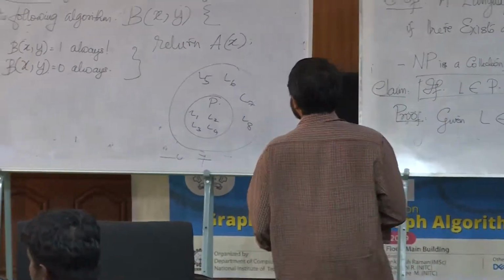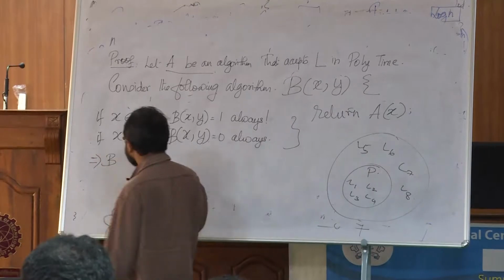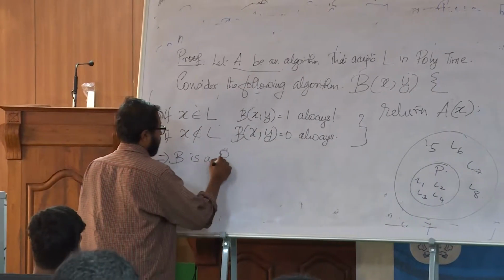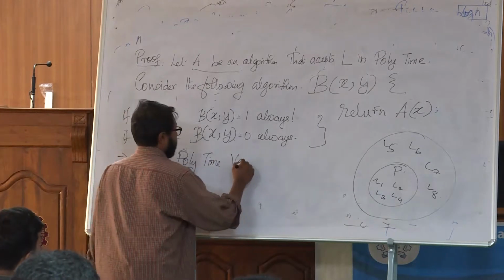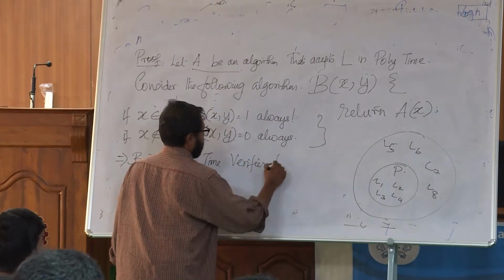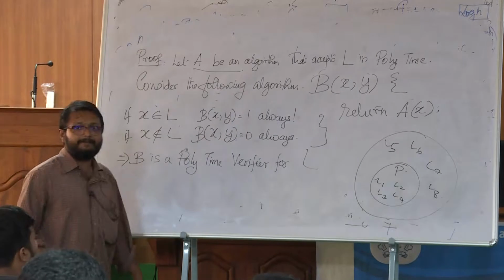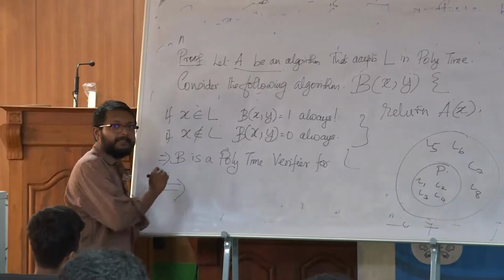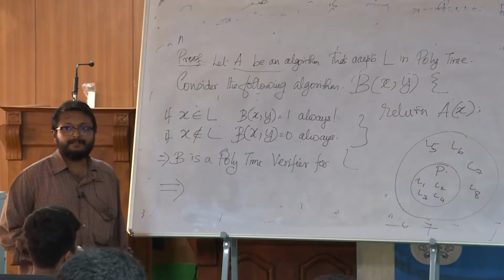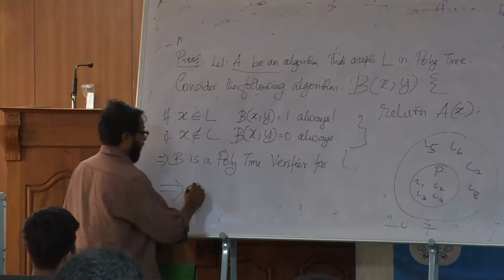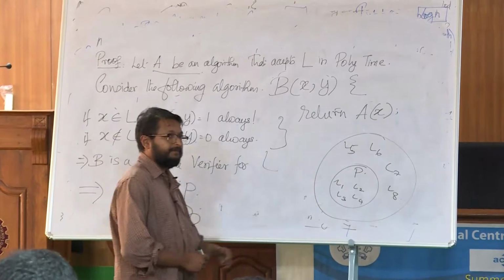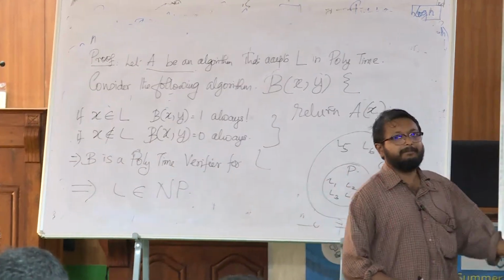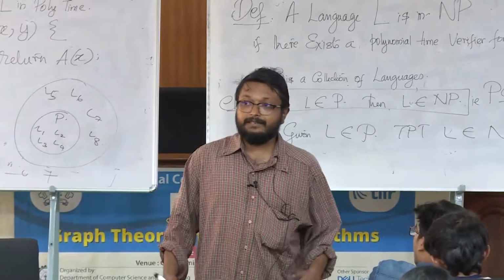So B is a polynomial time verifier for L, and from this we conclude that L belongs to NP. So this is the picture. Anything in P is also in NP. The other way it is not clear.